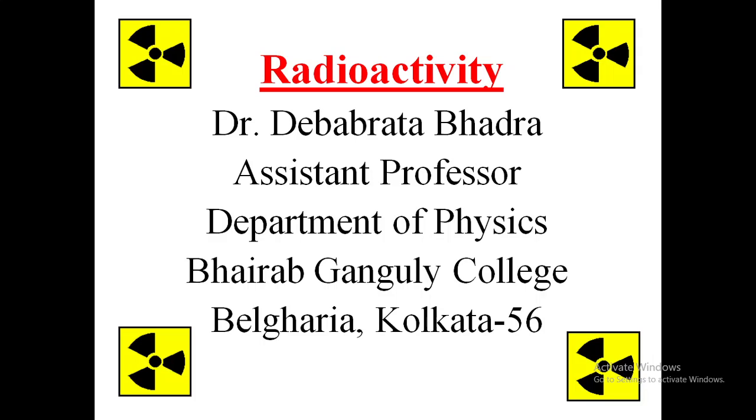Radioactive decay, which we also know as nuclear decay, radioactivity, radioactive disintegration or nuclear disintegration, all these terms mean the same idea. I repeat, radioactive decay is the process by which an unstable atomic nucleus loses energy by radiation.